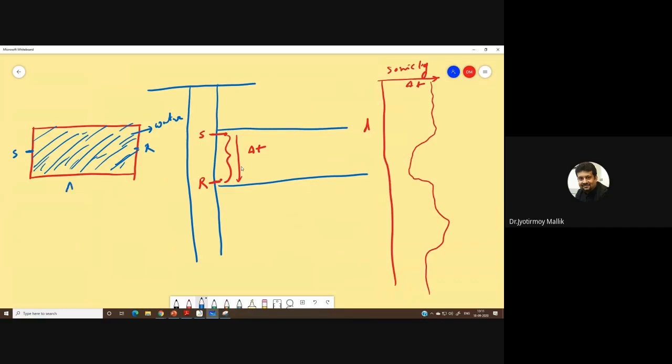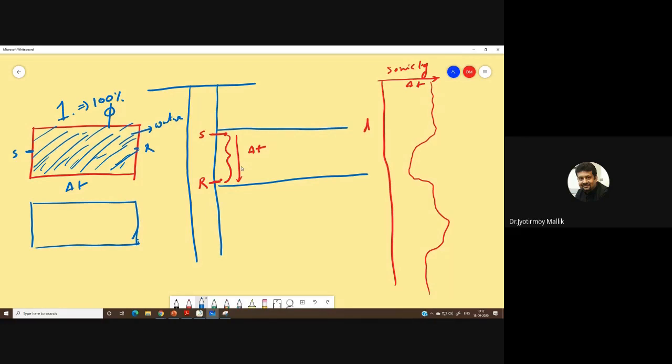And I measure my delta T. This first instance represents a situation of 100% porosity. Everything is empty, and I am sending my acoustic wave from source to receiver. Because it is completely filled with water, that means 100% porosity.